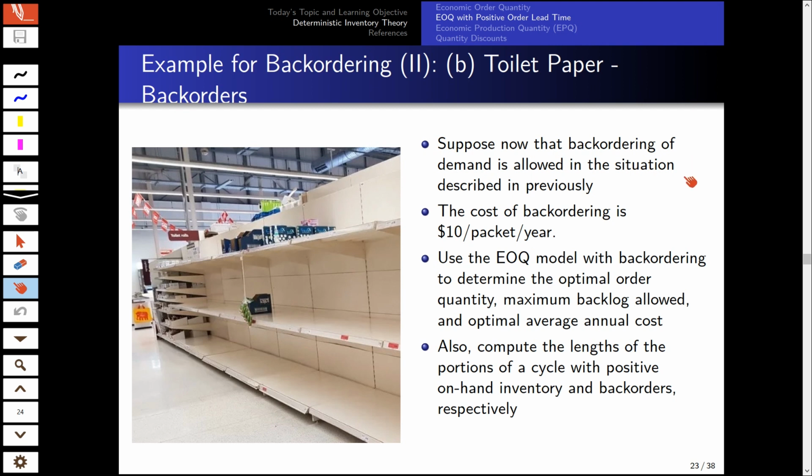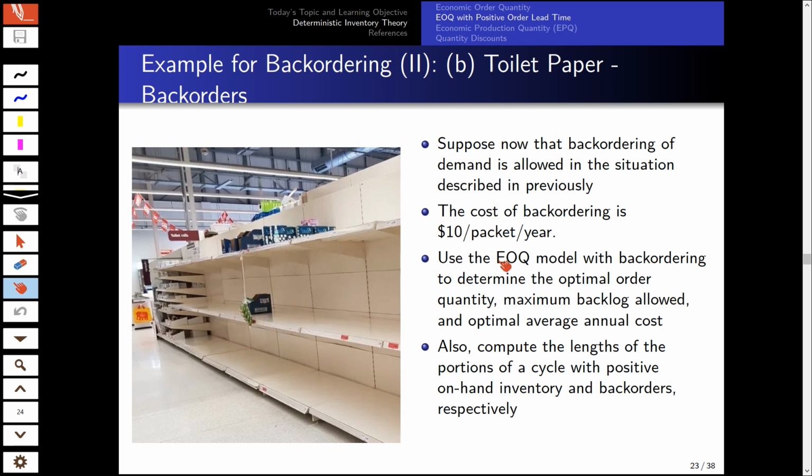Then the next question is: the convenience store is now allowed to take back orders. So as described earlier, the customers are willing to wait for the next cycle until they get the toilet paper.